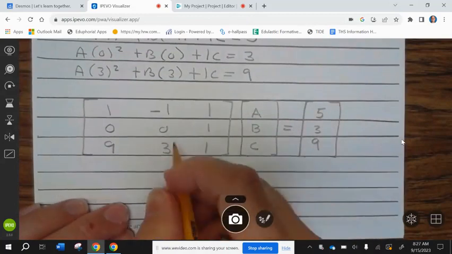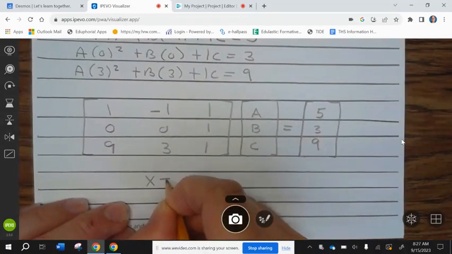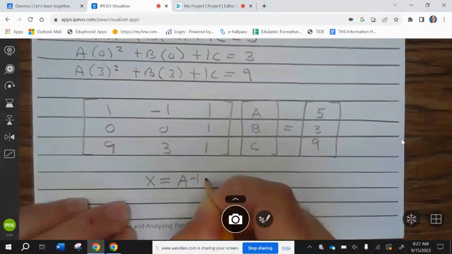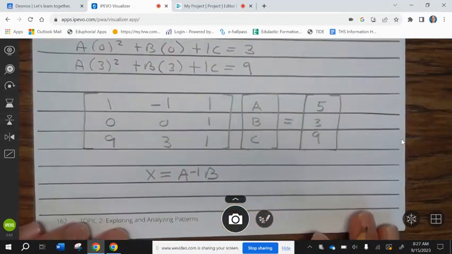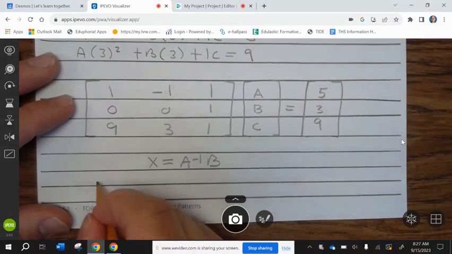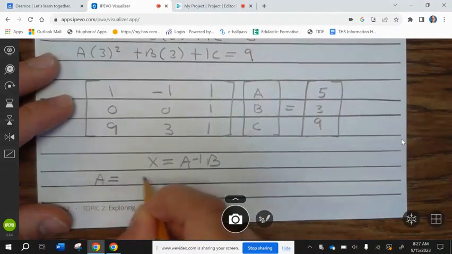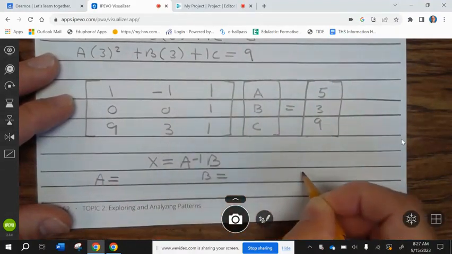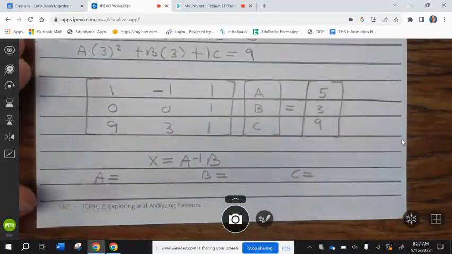And then to solve this, we remember that x equals A inverse B, to find out what a equals, what b equals, and what c equals.